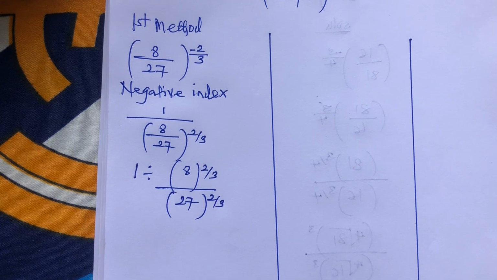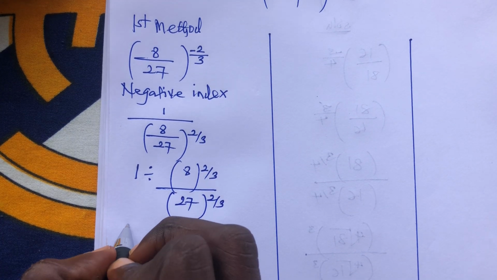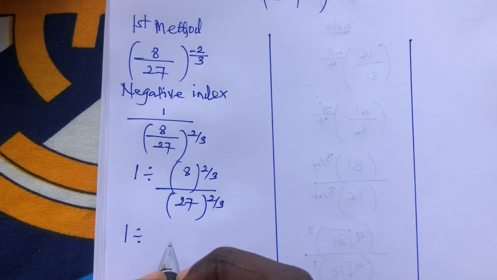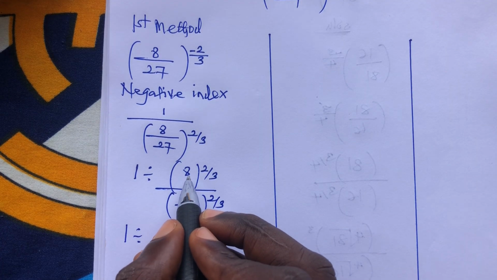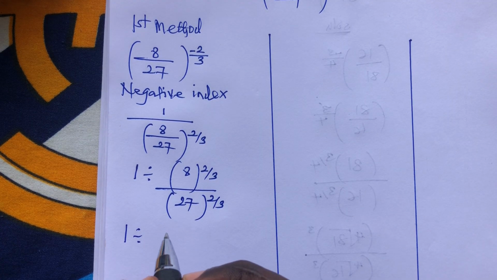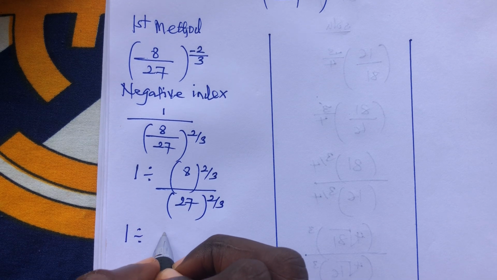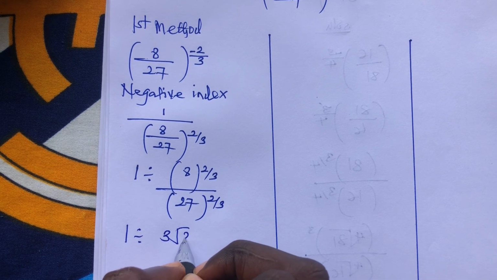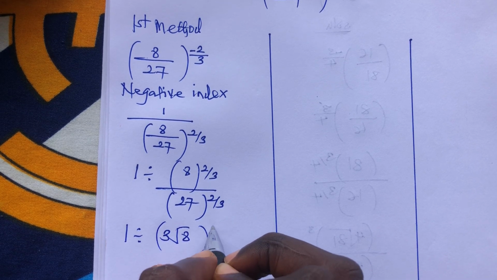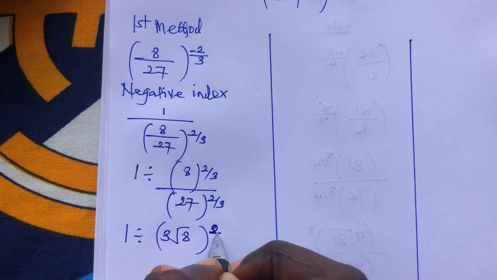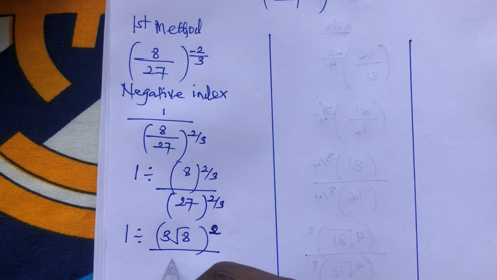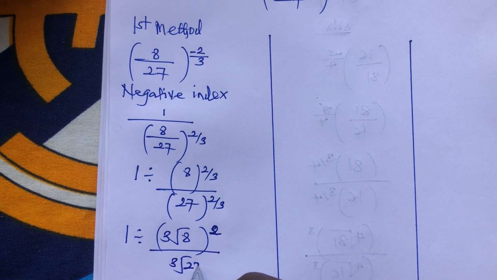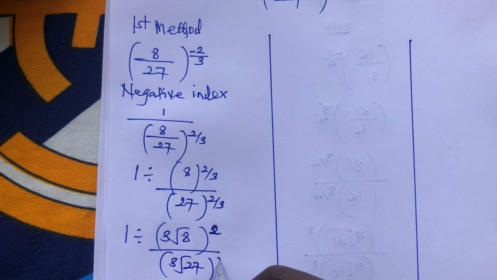Now, the next step, we are going to simplify this by saying the cube root of 8 raised to the power 3 raised to the power 2, divided by the cube root of 27 raised to the power 2.